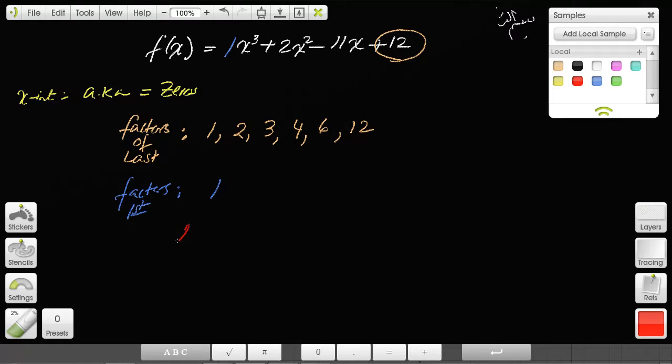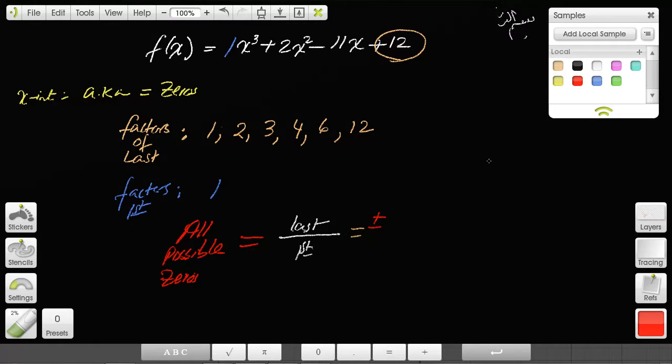Now, all potential rational zeros, all the possible zeros, are going to be the factors of the last over the factors of the first, right? So here they are. You can start with 1, and they're all going to be plus or minus.